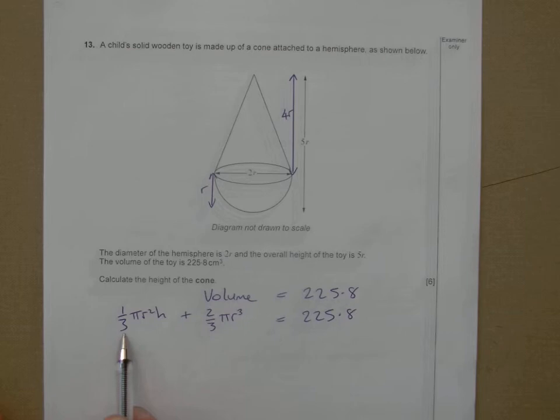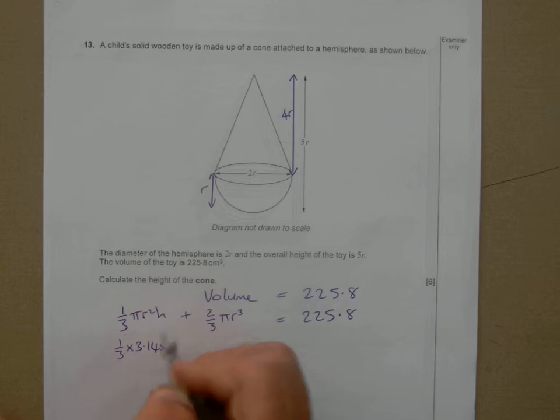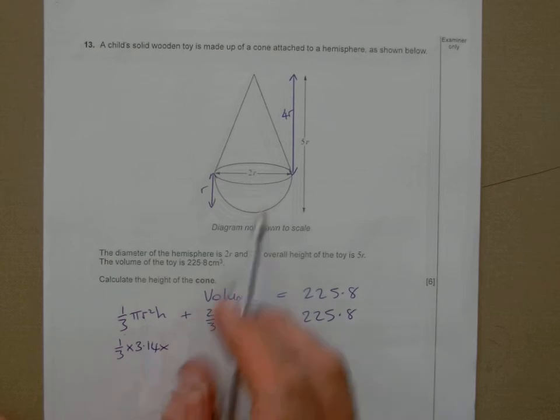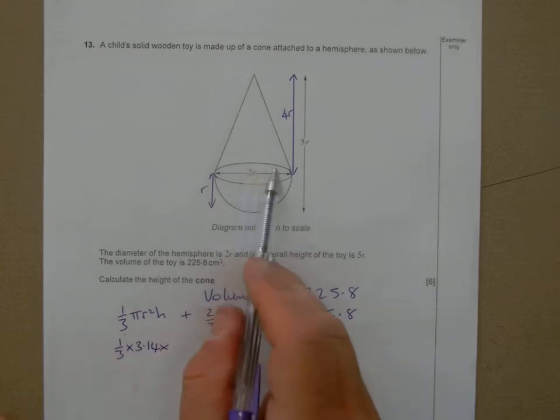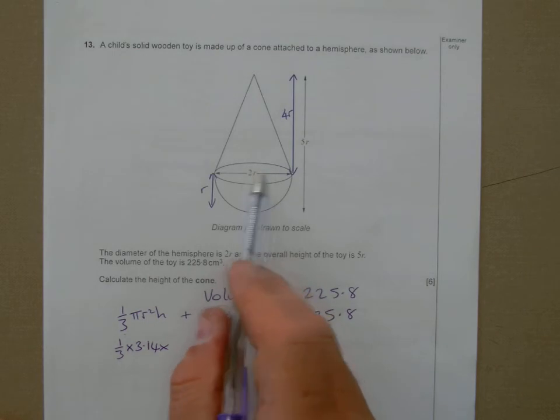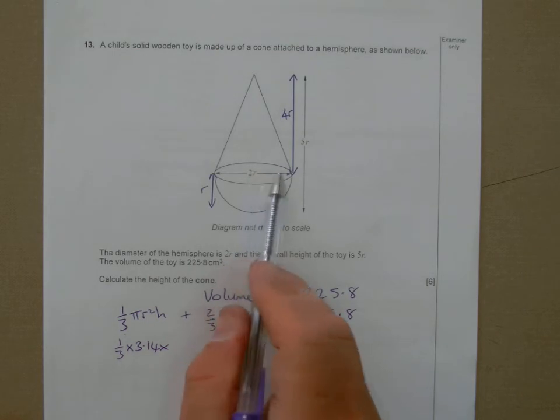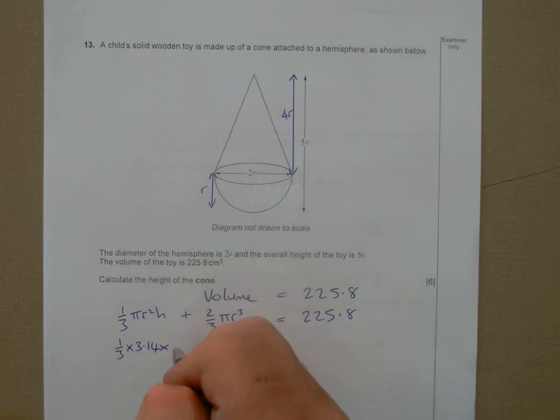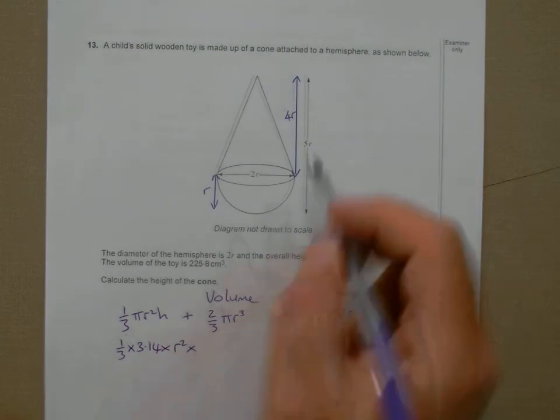So let's start filling in the values. For the cone, 1/3 times pi, which is 3.14, times the radius. The radius of this cone is r, because it's half of the diameter, so it'll be r squared, times the height.